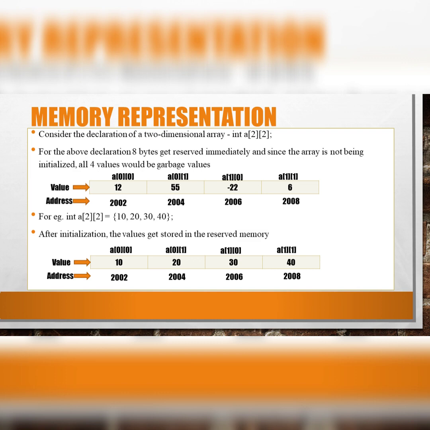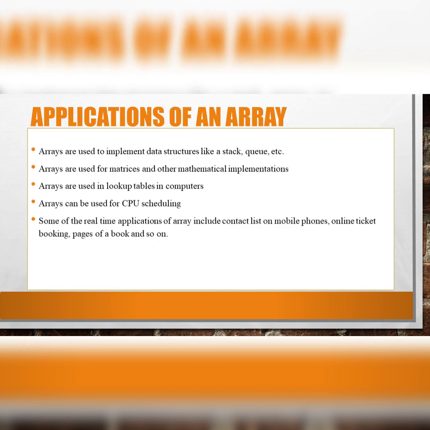Since the array is not initialized, it is supposed to contain garbage values as usual, but after initialization, all the assigned values get stored in their allotted slots. So now, to access the second element of the first row, the element can be referred to as A[0][1]. With this, we have finished with the concepts related to two-dimensional array.